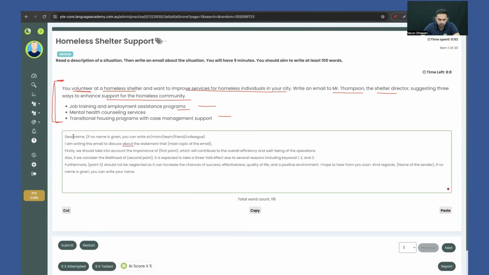Dear name, what is the name of the person? Dear Mr. Thompson, M will be capital, THOMPSON, and comma. I'm writing this email to discuss about the statement.